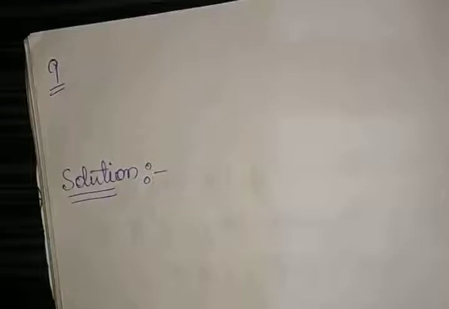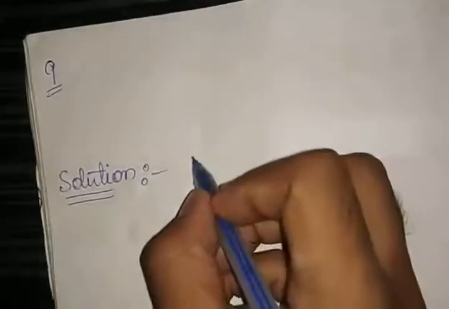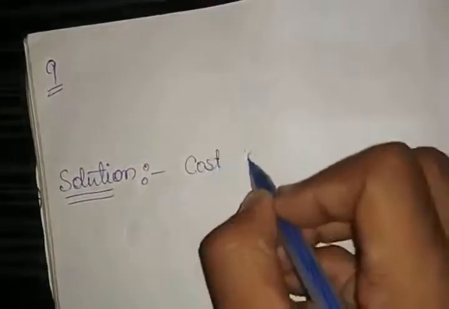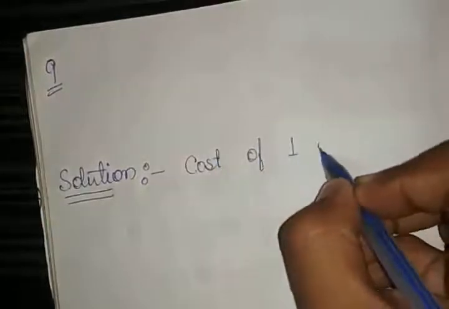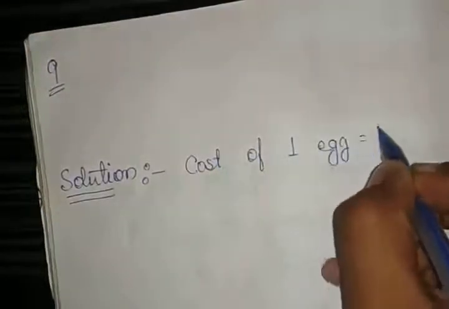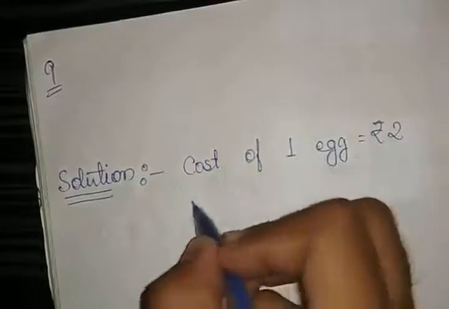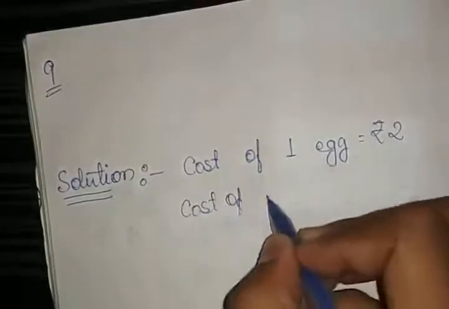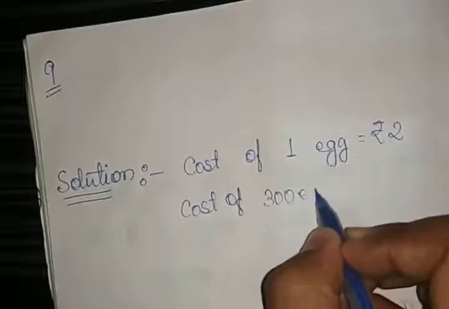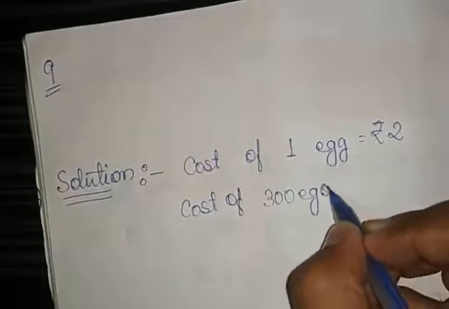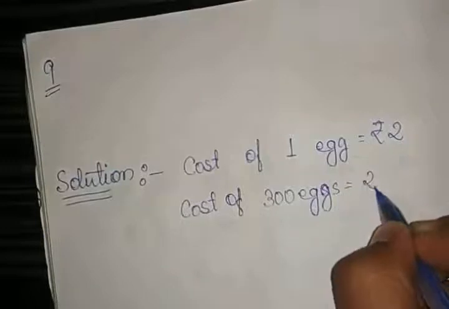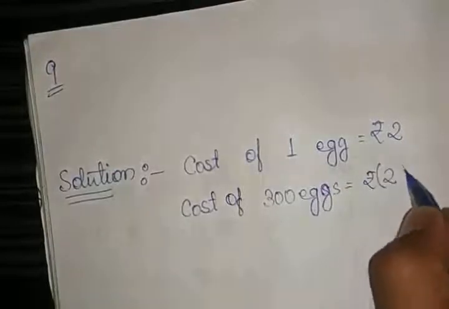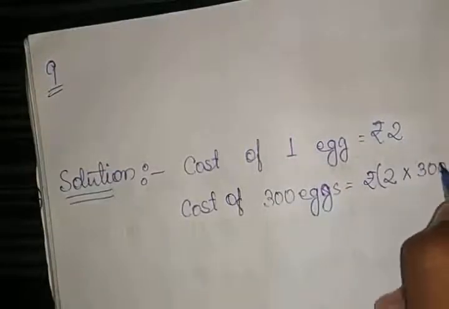Similar to question number 8, this one is also given. The shopkeeper buys 300 eggs at rupees 2 each. Then the cost of one egg is rupees 2. Then the cost of 300 eggs will be equal to rupees 2 into 300.